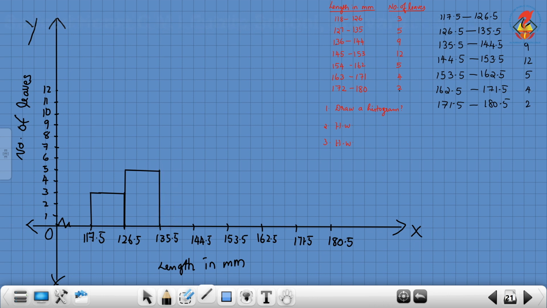Next 135.5 to 144.5, 9. Next 144.5 to 153.5, 12.